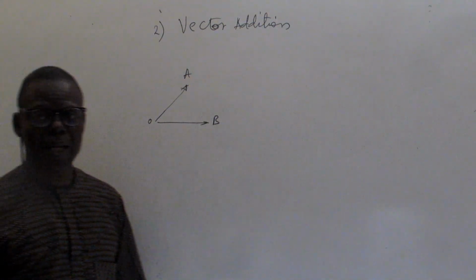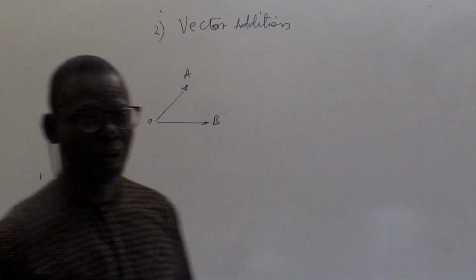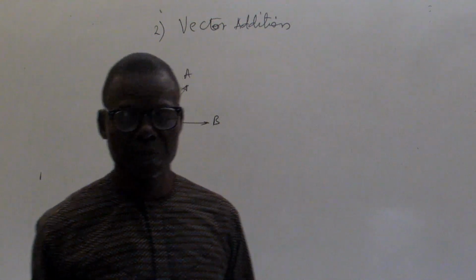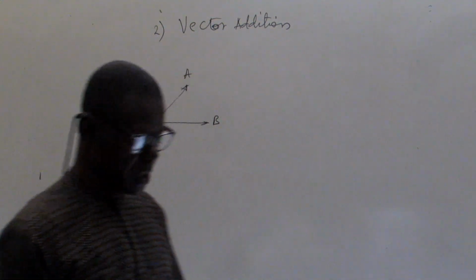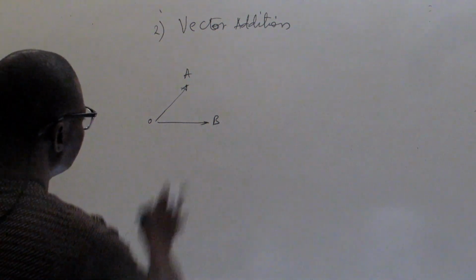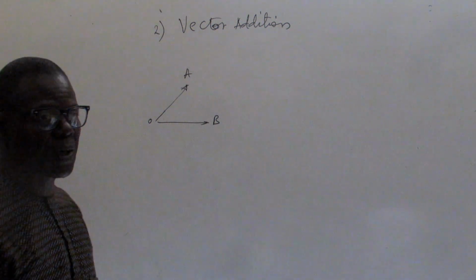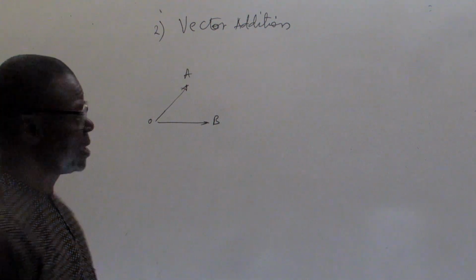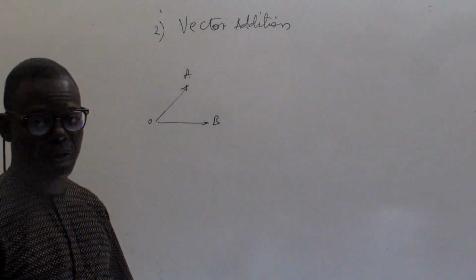And we use methods of adding or subtracting. One of the first methods is the parallelogram rule. If we add these two vectors together, we are going to have a resultant. The addition of this and this will give us a resultant.